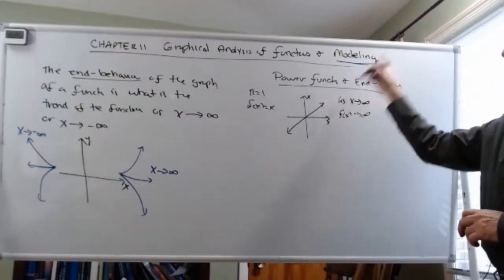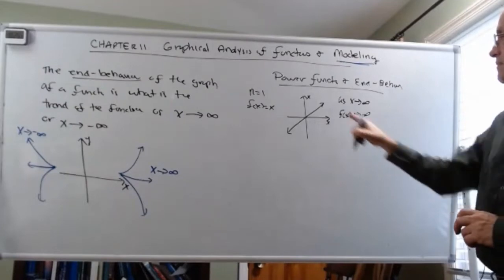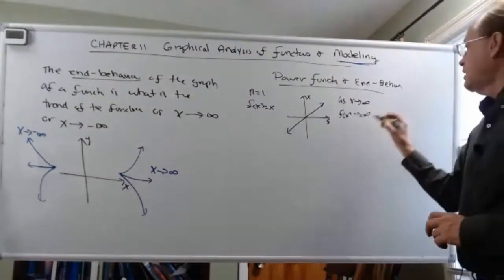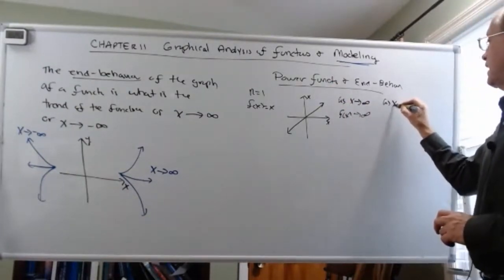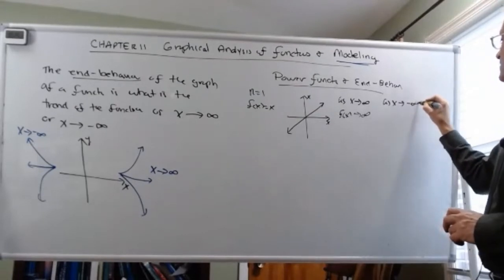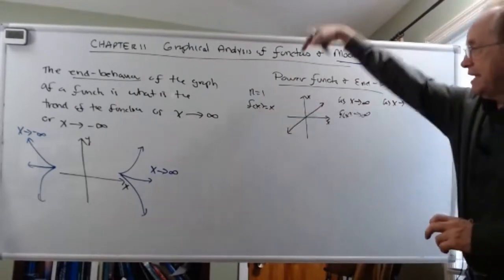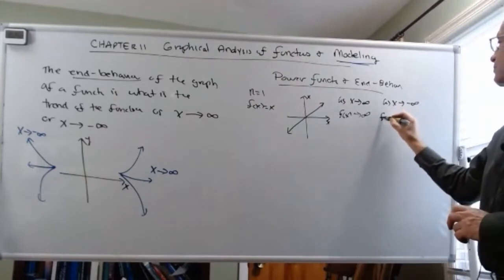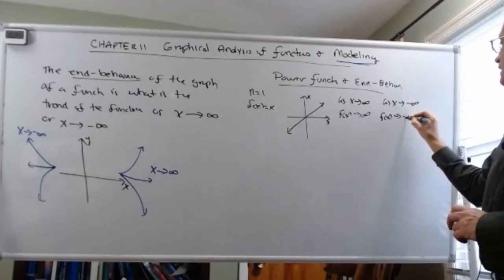That's its end behavior. It goes to plus infinity because it's getting larger and larger. Or as x goes to negative infinity, and I'm going the opposite direction, my f of x also goes to negative infinity.